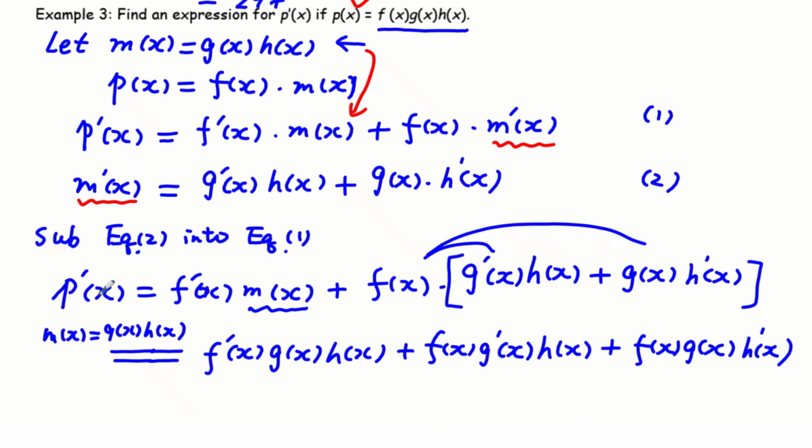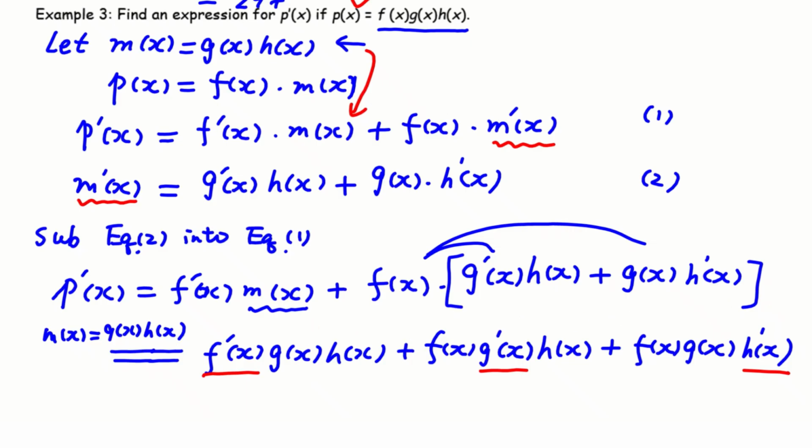So p prime x equals f g h, then the derivative is the first function derivative times other functions, the second derivative times other functions, the last derivative times other functions. So for 3 functions multiplication, you do 3 primes, so it's 3 terms, each with only one function derivative.